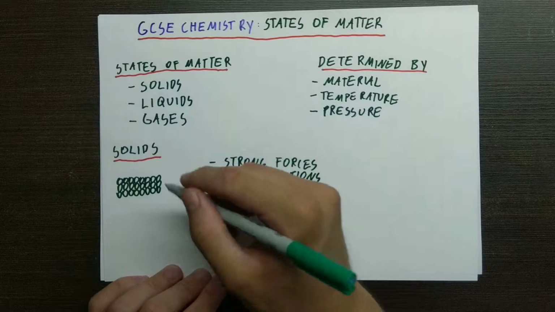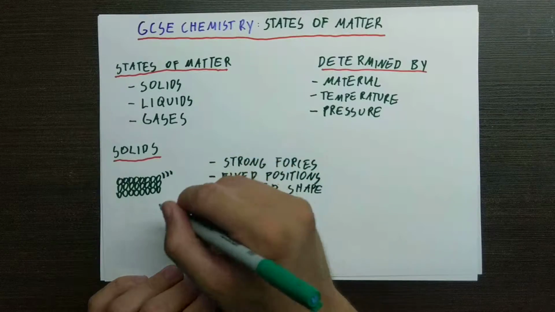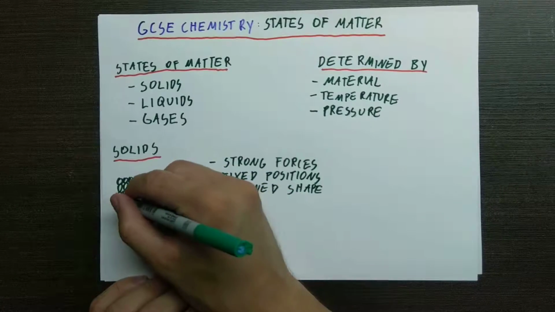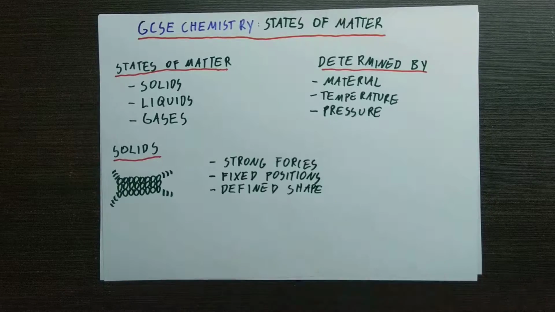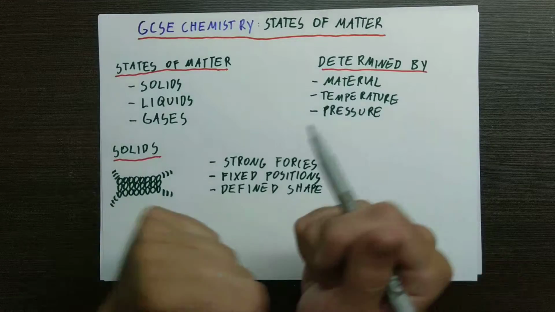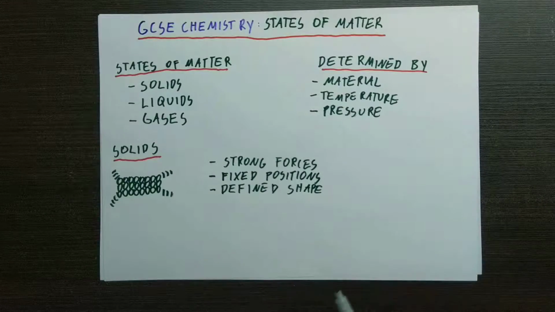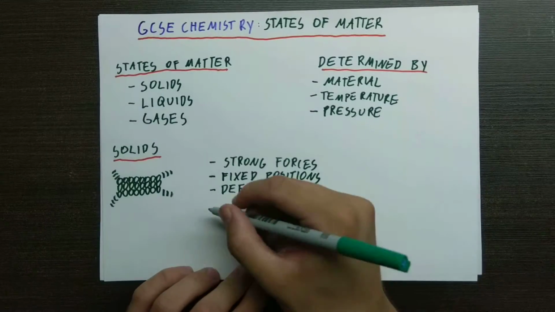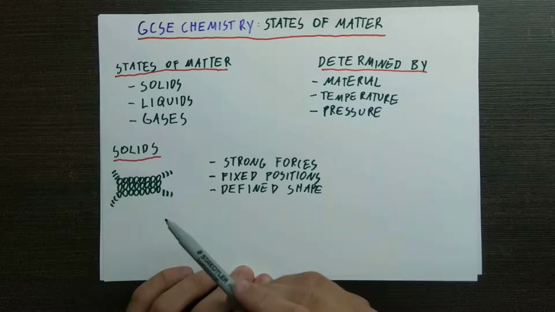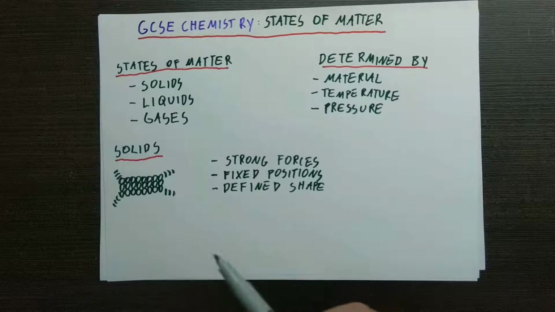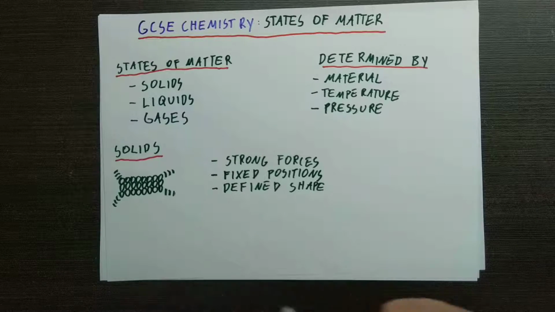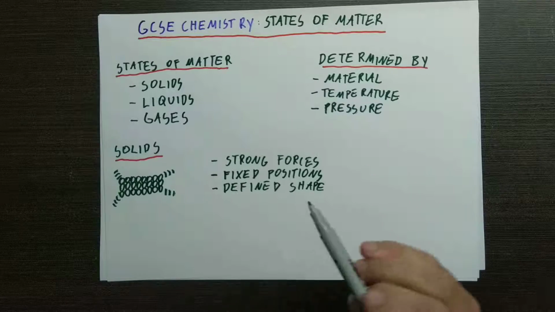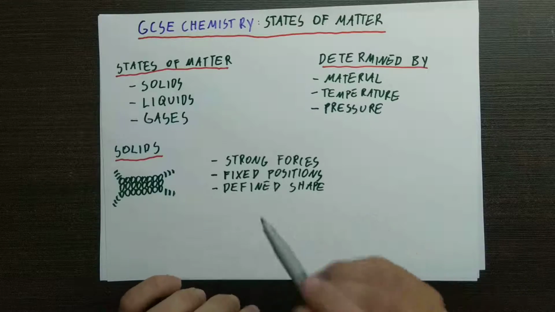Now, these particles, while they cannot move around freely, they do vibrate a little bit because they do have that energy. So they're held in place by these strong attraction bonds, but they do vibrate a little bit. And the more energy they have, the more they vibrate, the more they move. So the more we heat up the solid, the more these particles start to move, the further they start to vibrate.